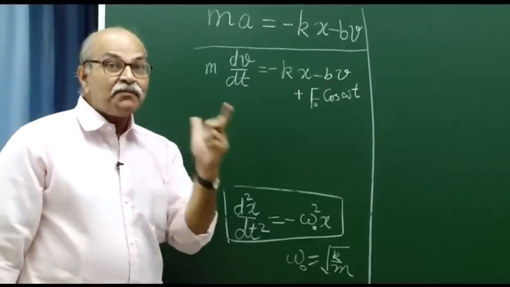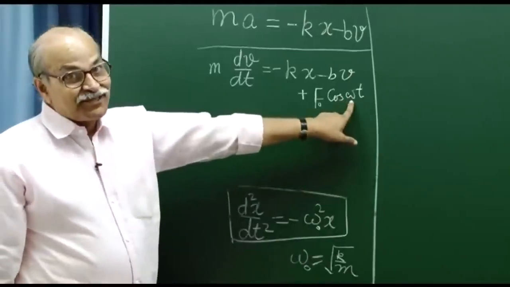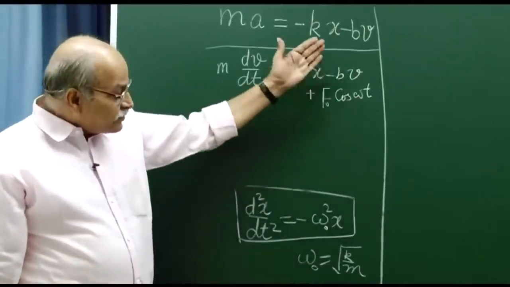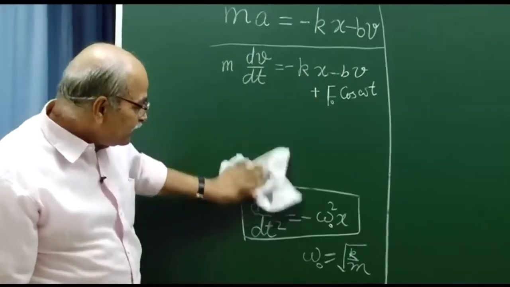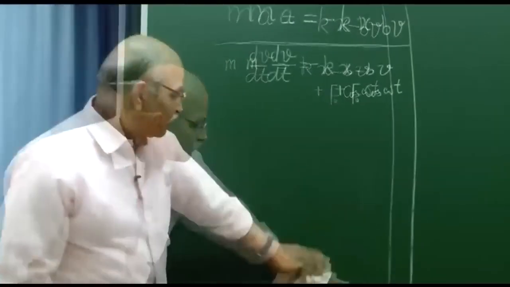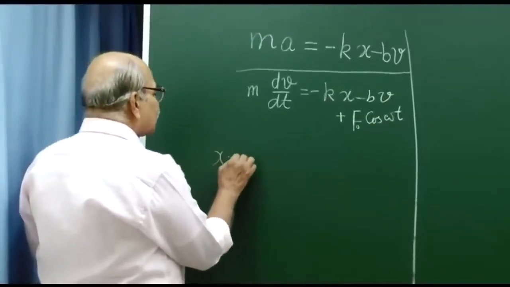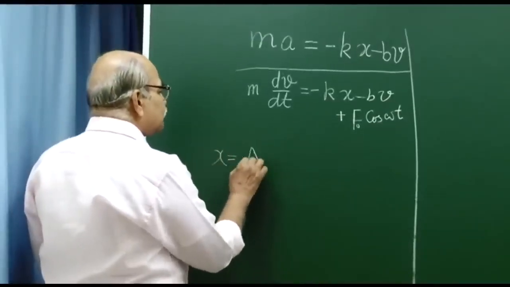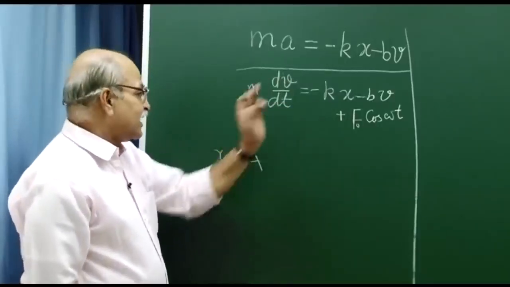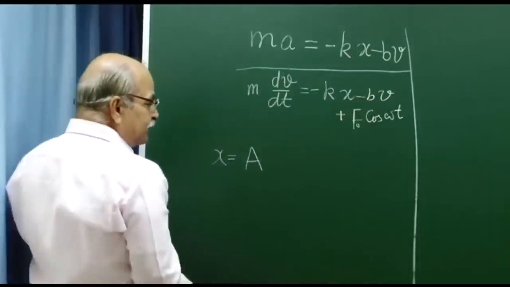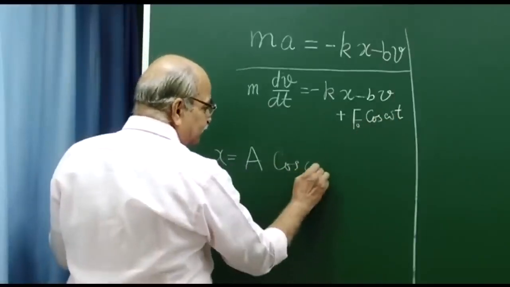If I am applying that periodic force, I can decide what this omega should be. Then your equations are modified, but finally your x turns out to be some constant, which will depend on how much is this f naught and this m and this b, times cos of omega t.